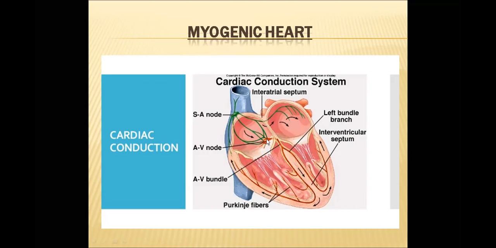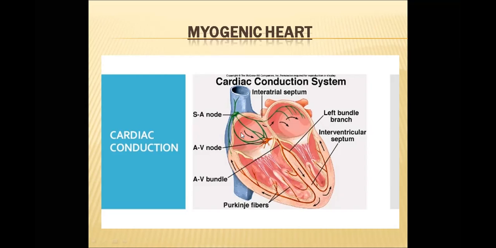Now this AV node supplies the signal in the form of action potential through the bundle of His and Purkinje fibers to the muscle cells present in the ventricles. Upon receiving these signals, the ventricle walls also contract.